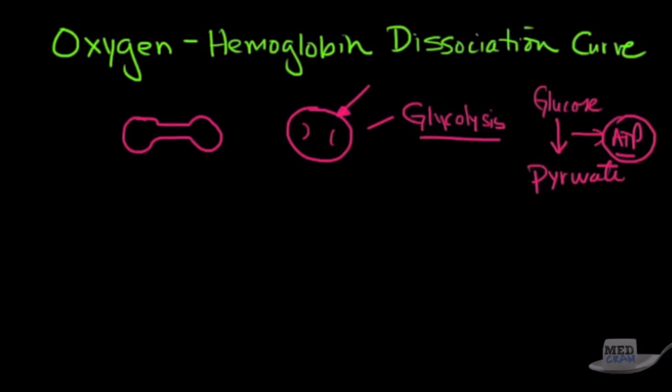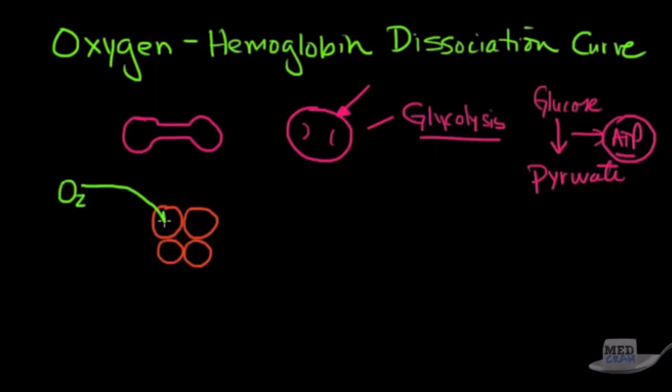But before we get to that, I wanted to explain to you what the hemoglobin molecule looks like. If you can kind of imagine, it's 4 different subunits that are connected to each other. Usually there's 2 alphas and 2 betas, but that's not important right now. So there's 4 binding spots for oxygen to bind to.